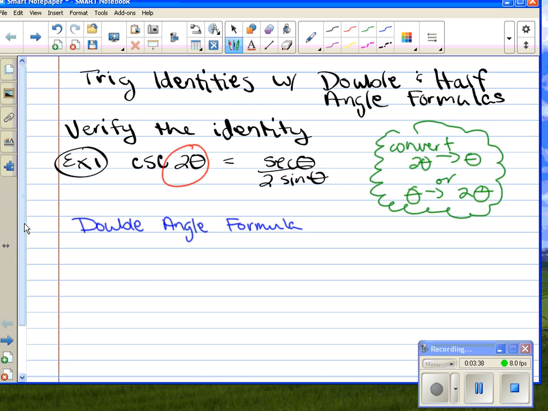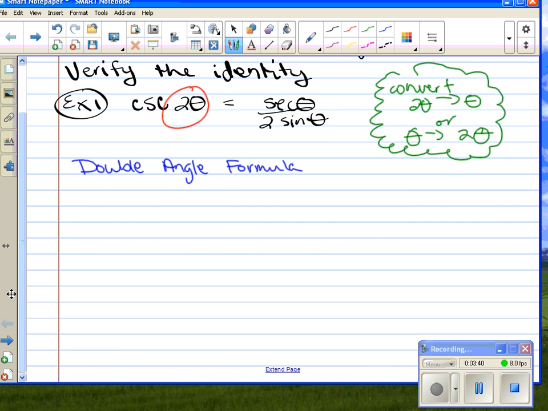This says that the sine of 2 theta equals 2 times the sine of regular theta times the cosine of regular theta.